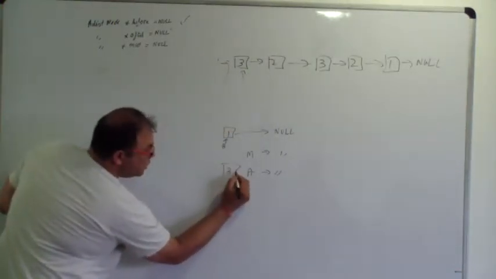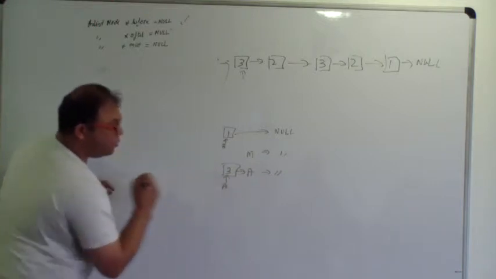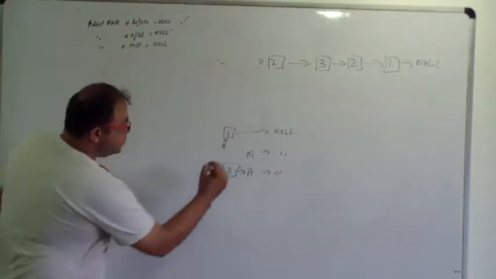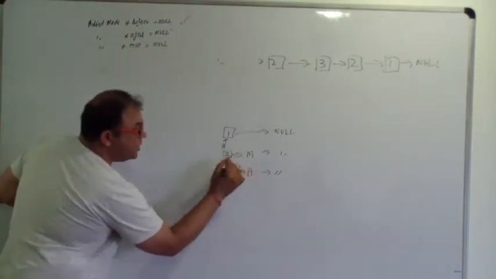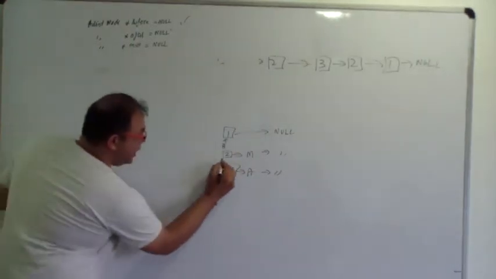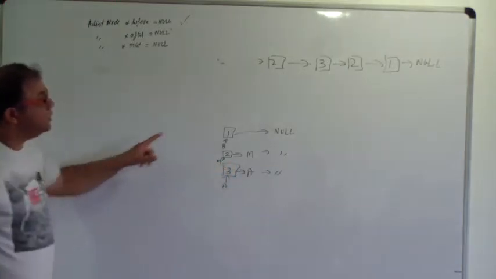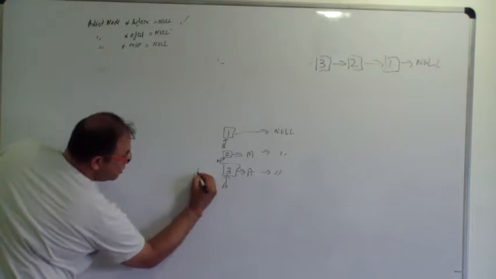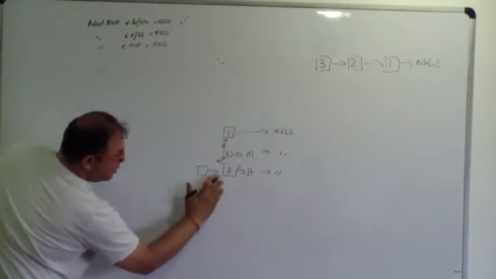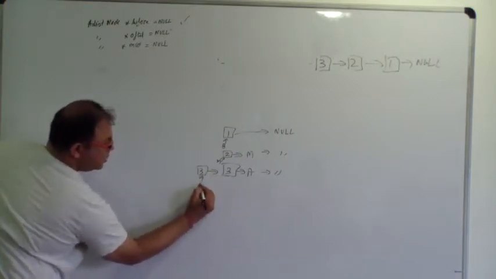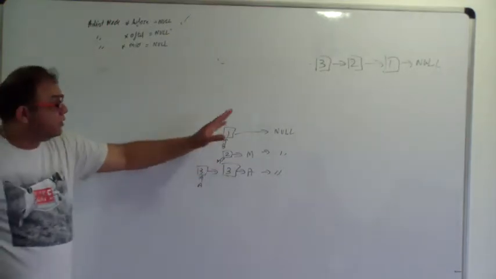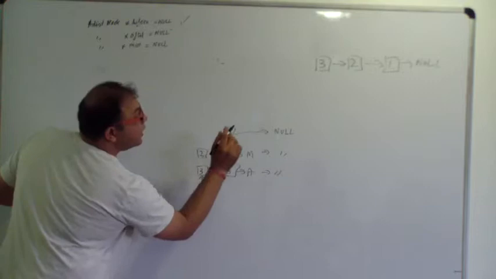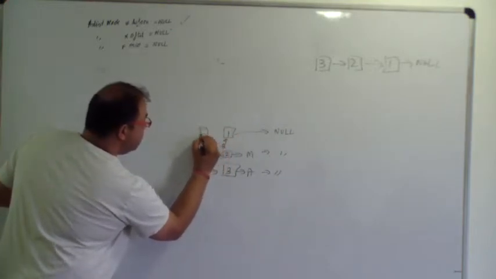So 3 comes over here, it points to null and after pointer is this. Then comes 2. 2 comes over here. It points to null, and middle is this one. Then comes 3. So this got broken. 3 points to after. After points to here and that. And then 2 will come, and then 1 will come.